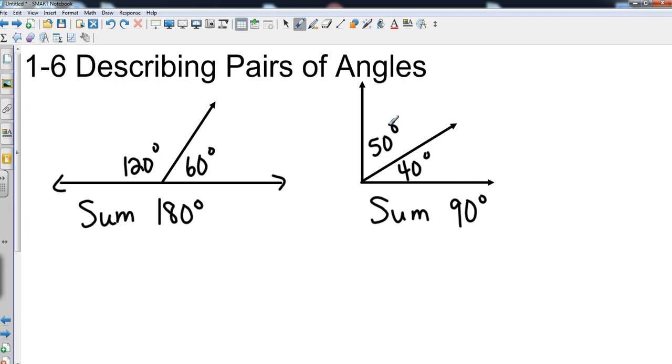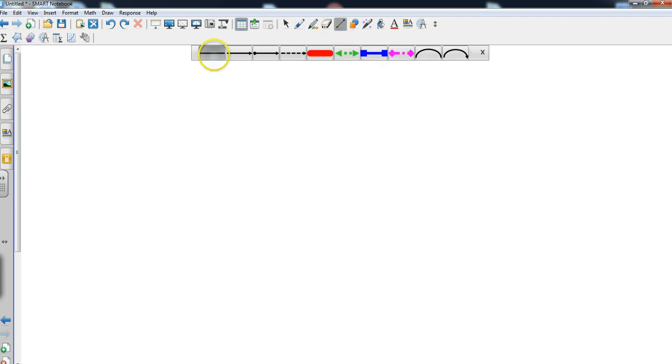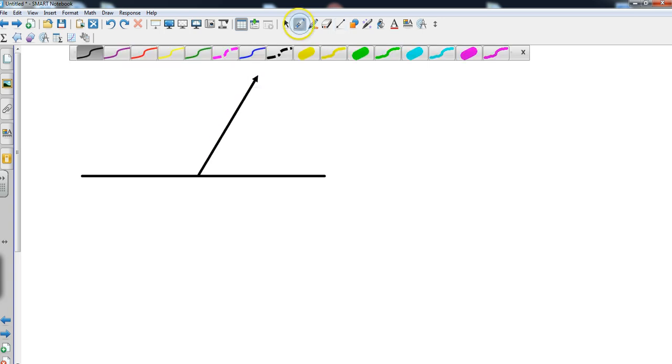Now, in drawing similar to those, we can also get different pairs of angles. So this pair, and I'm going to go ahead and label them. Let's call this A, B, C, and D. Obviously, ABC and CBD are supplementary angles.